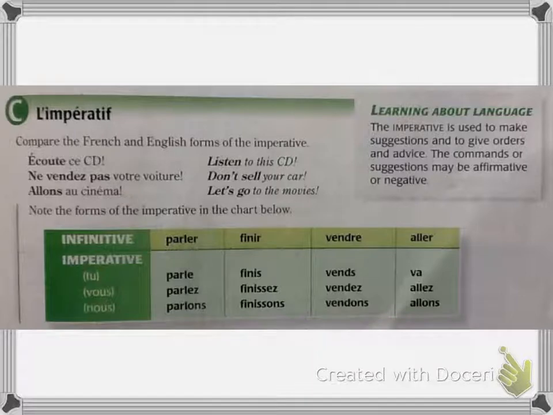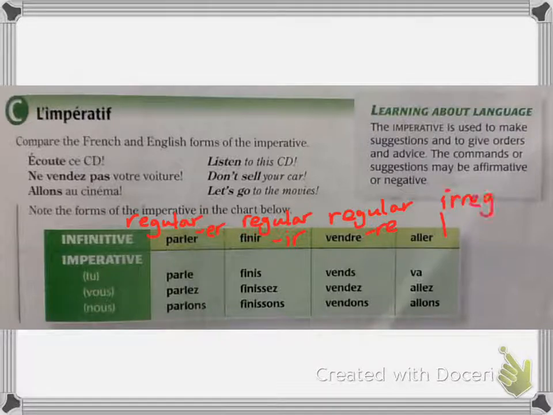So, again, we see a regular ER verb. We see a regular IR verb here, we see a regular RE verb, and then we see the irregular verb aller. Notice that normally the tu form of the imperative for a regular ER verb would end in an S, but there's no S on it in the imperative.